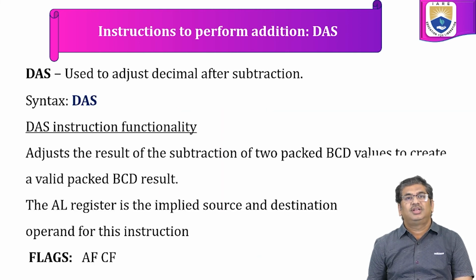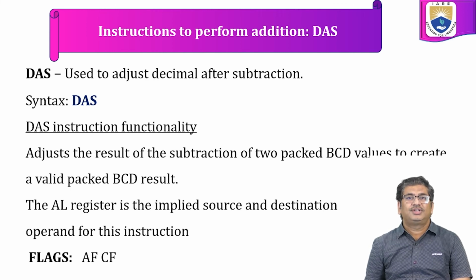The next instruction we will move to is the DAS instruction. DAS stands for decimal adjust after subtraction. This instruction also we have to perform after a subtraction instruction. The syntax is DAS, which is a zero operand instruction. Here the AL register is the implicit operand.